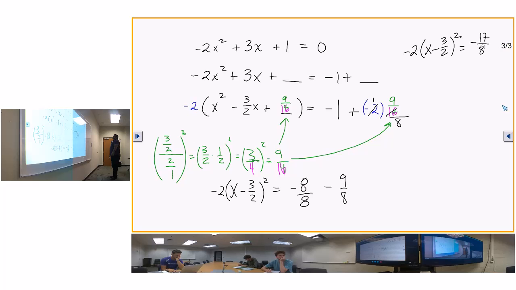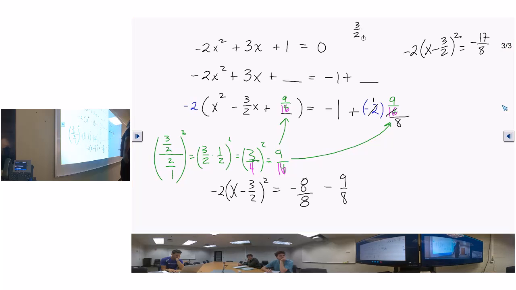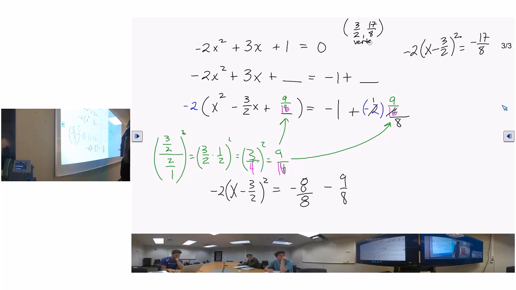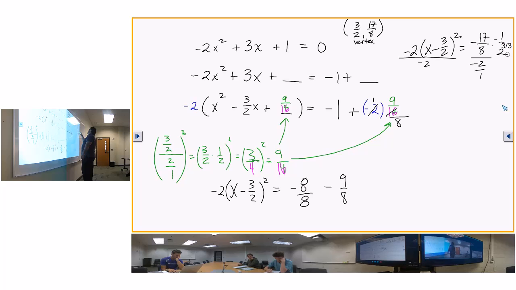And now your vertex, and I'm going to write it up top. I think we've done like how many problems? 5 problems, and I've shown you how to get the intercept method. The intercept equation. I'm not going to do that with this one, okay? So that's going to be a 3/2, comma, 17/8. There's your vertex. Now we're going to solve. Divide by -2. Divide by -2 over 1, which means you multiply by 1 over what? 2.